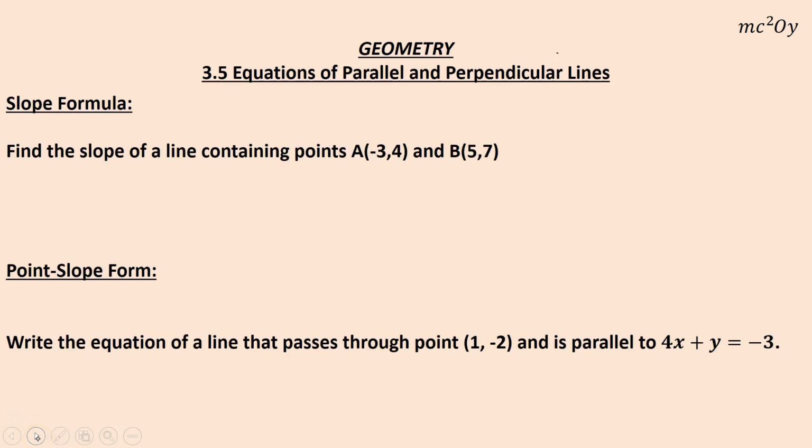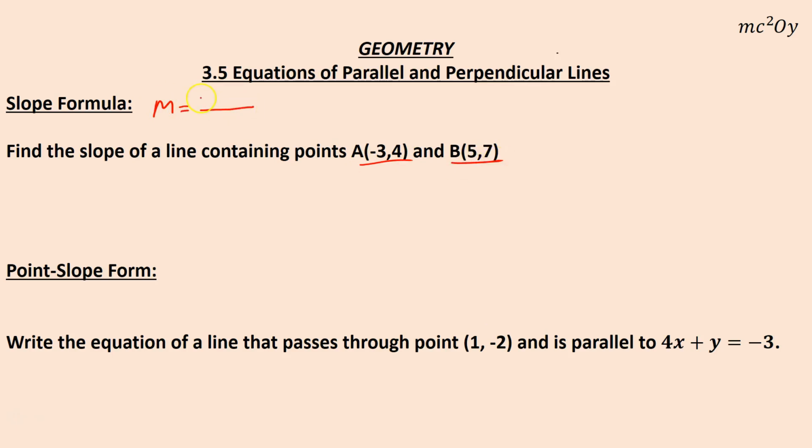Okay, so now using that information, we're going to go ahead and use our slope formula to find the slope of a line containing -3/4 and 5/7. So this line has these 2 points on it, and we have to use our slope formula.